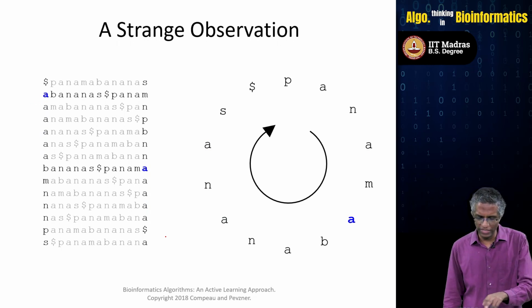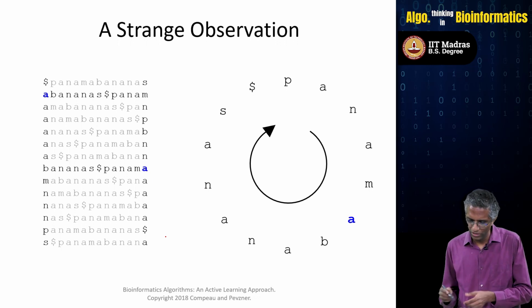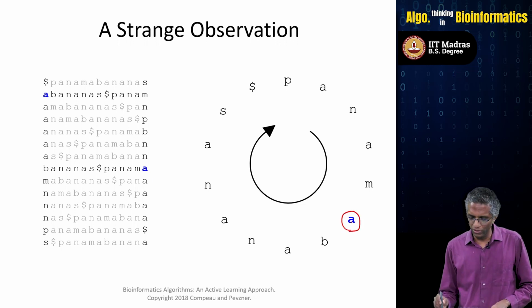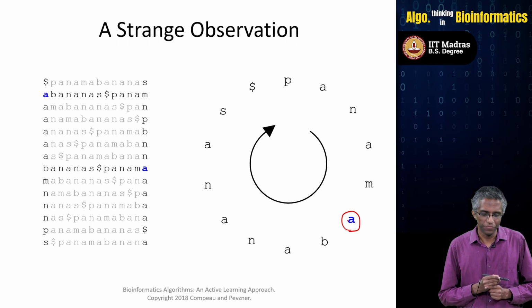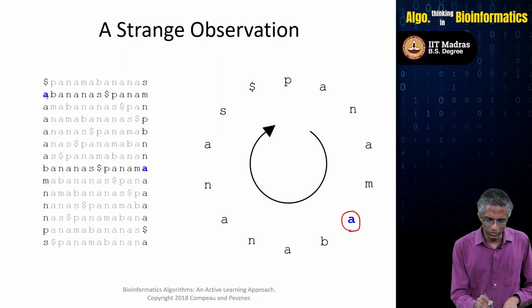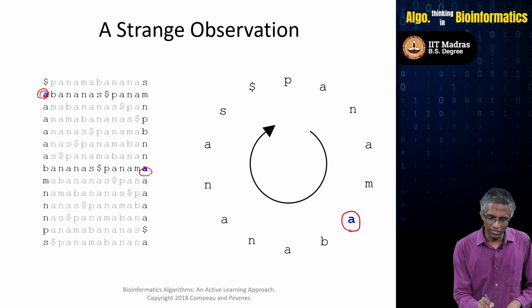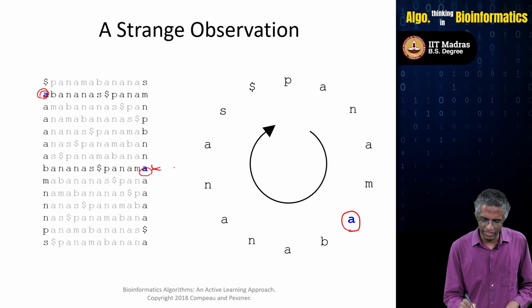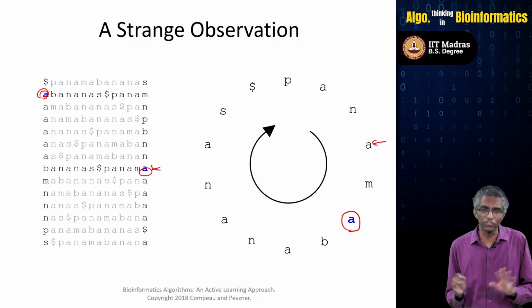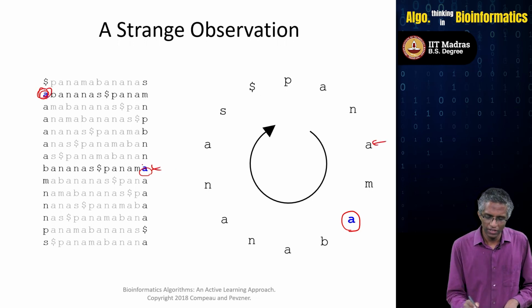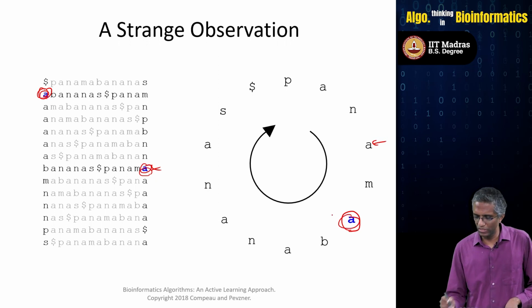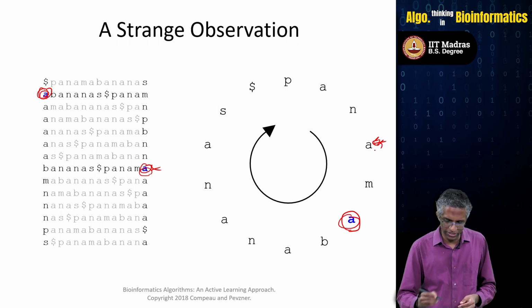If you look at this A and this A, both of them are going to correspond to this single A in the genome. It's not like this A will correspond to this A and then the second A will correspond to some other A. That is not going to happen. The first A here and the first A here will correspond to the same A, not to some other A's.